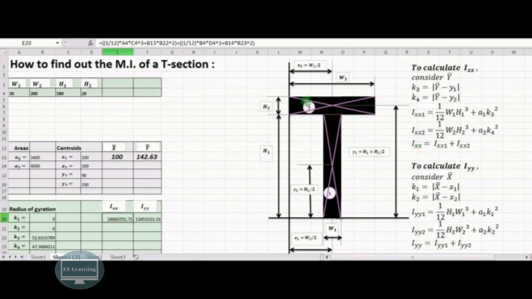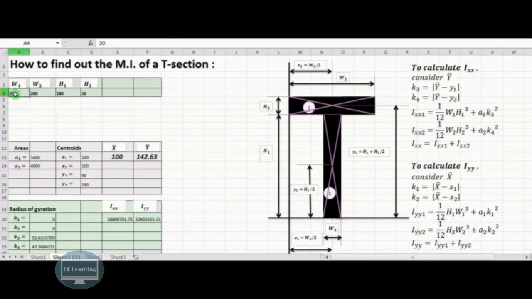So here we have substituted this particular formula, that is this value Ixx1 is substituted over here plus Ixx2, so that you will get this particular value, and here also it is Iyy1, that is 1 by 12 this particular plus Iyy2, that is 1 by 12 H2 W2 cube plus A2 K2 square.